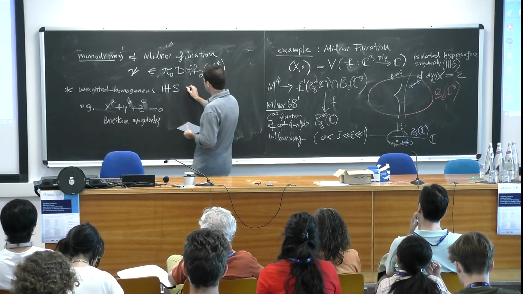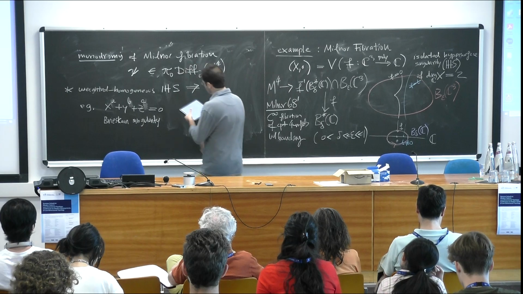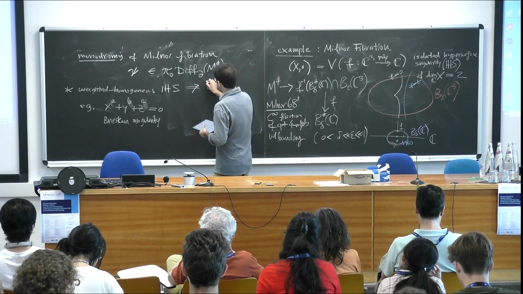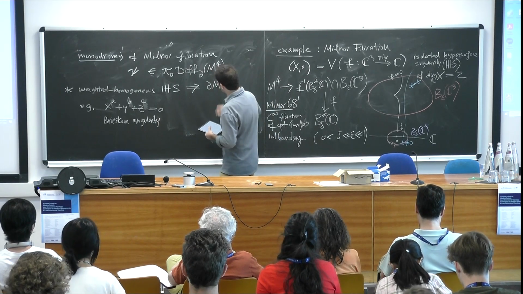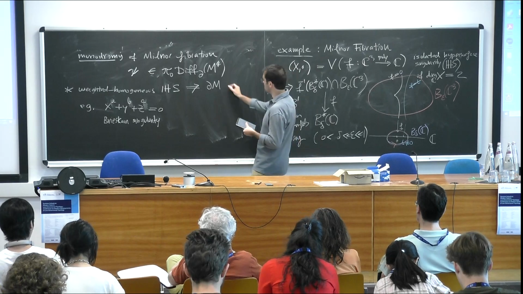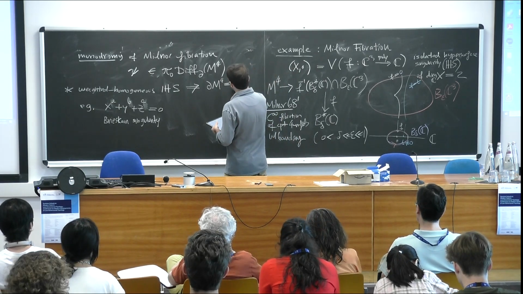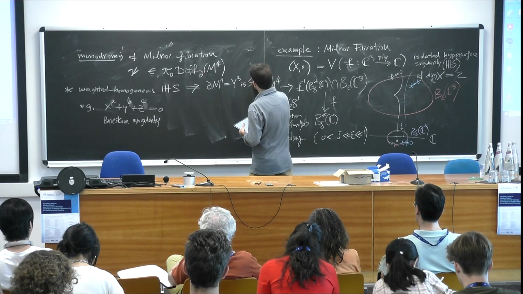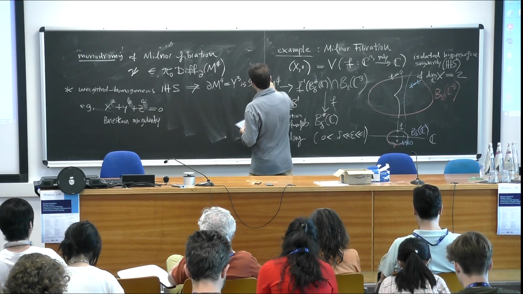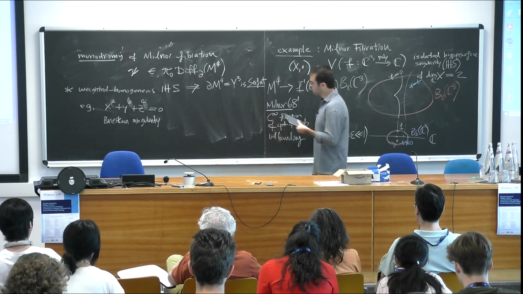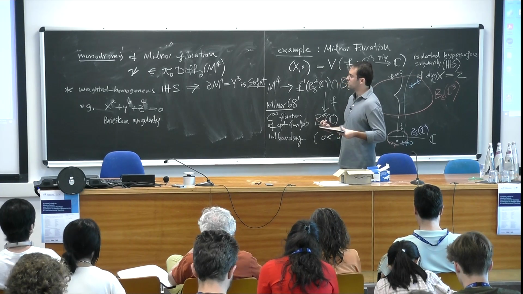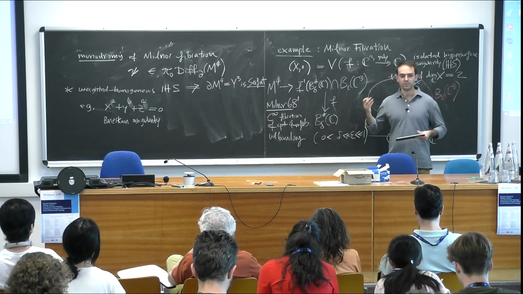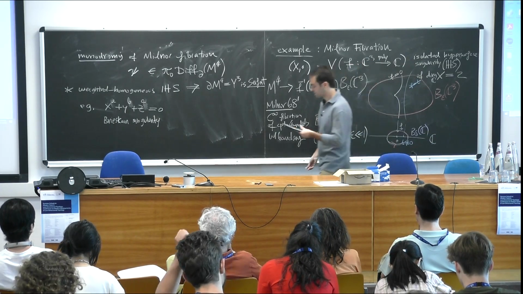This is a special case that's quite interesting because it's not difficult to see that the boundary of the Milnor fiber, which is a 3-manifold, is a Seifert fibered 3-manifold. And moreover, the monodromy is closely related to the boundary Dehn twist on the Milnor fiber.